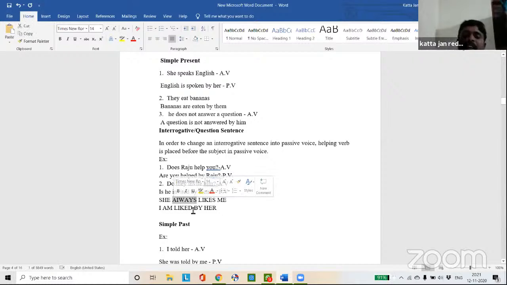Always is extra, I mean remaining part of the sentence, right? Generally, it is used after helping verb, right? I am always liked by her. Or else, the most preferable place for this adverb to use is after be form, after helping verb.